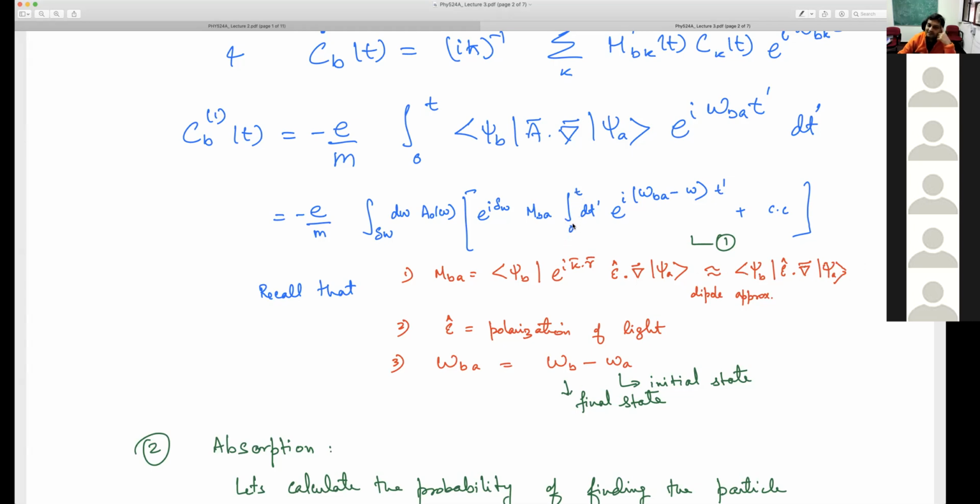And inside I had this integral 0 to t dt prime e to the power I omega ba minus omega. And omega ba was omega b minus omega a. So omega a is the initial state, omega b was the final state, etc. Plus I had a counterpart of this, which was the complex conjugate of this whole thing. So this we solved, this we just reviewed also. Any questions till now?